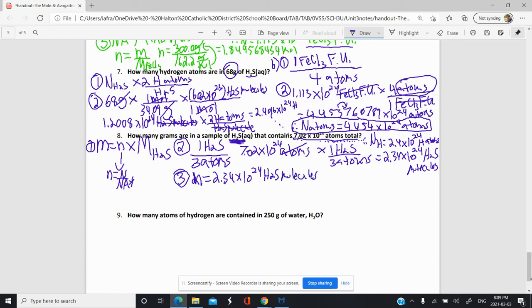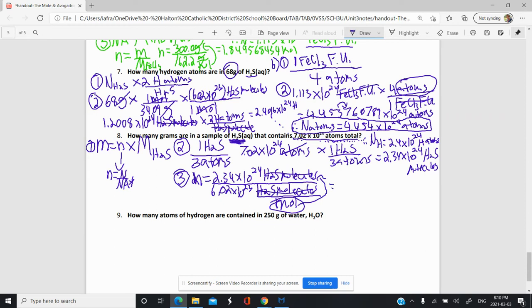Divide that by Avogadro's number, 6.02 times 10 to the power of 23 H2S molecules per mole. That crosses H2S molecules out, and we're left with moles, which goes at the top here.